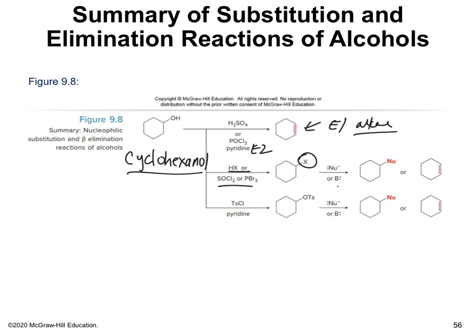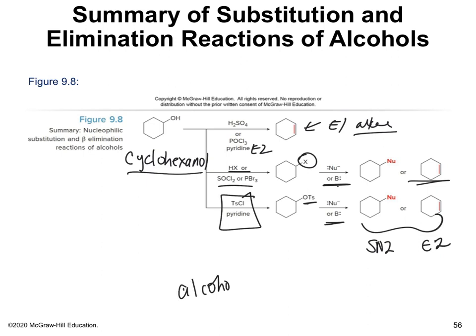If you take a base, you can also do elimination. Another way we talked about is making a tosylate, and then you can do either SN2 or E2. And that wraps up the alcohol portion for this chapter.